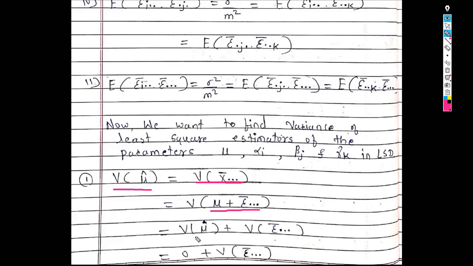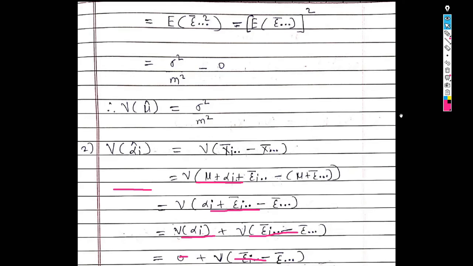Now we simplify this variance, so we get the variance of mu plus the variance of this epsilon dot dot dot bar. But we know that the variance of a constant term is 0. So here we get 0, and the remaining term is the variance of epsilon dot dot dot bar. Now use the definition of variance in terms of expectation. So here we get the expected value of epsilon dot dot dot bar square minus the expected value of epsilon dot dot dot bar, bracket square.